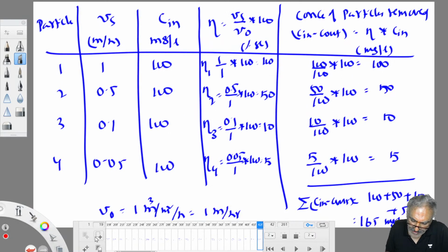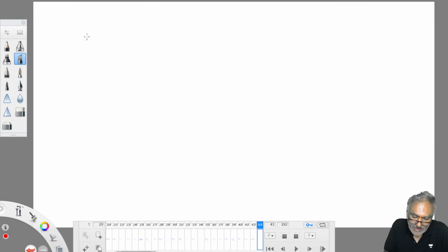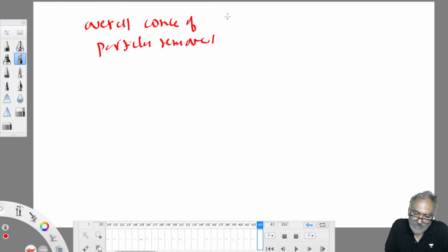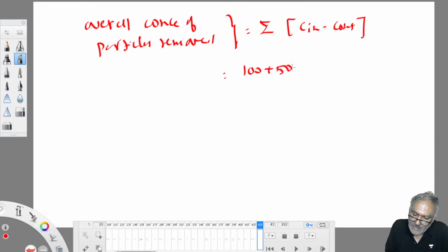So overall concentration of particles removed is sigma of C in minus C out, equal to 100 plus 50 plus 10 plus 5, which is 165 milligram per liter.